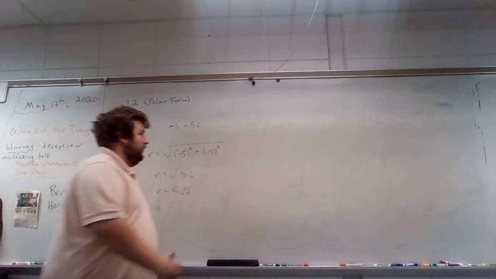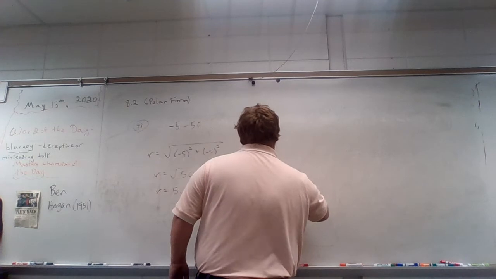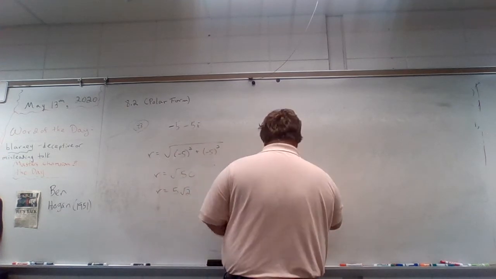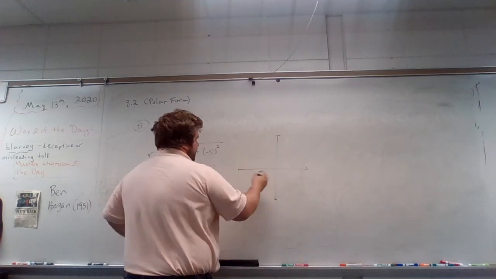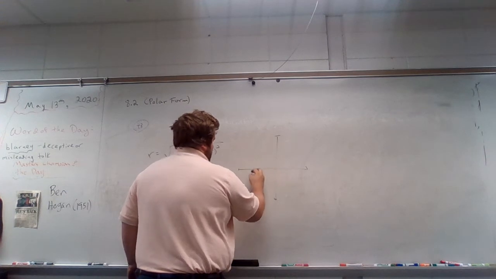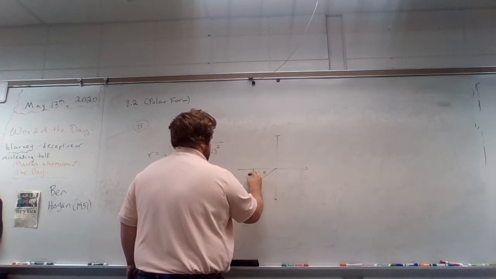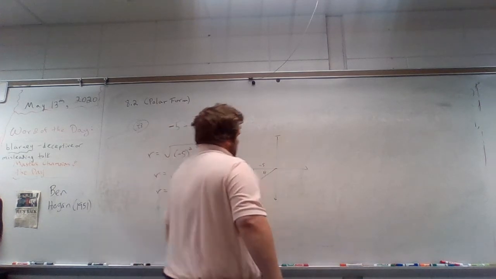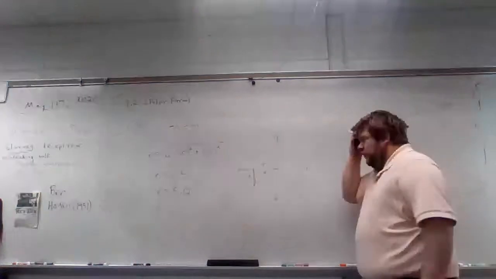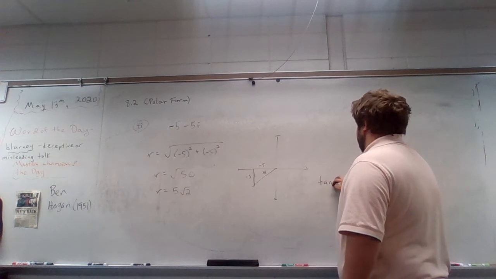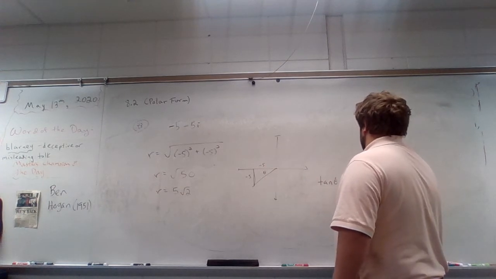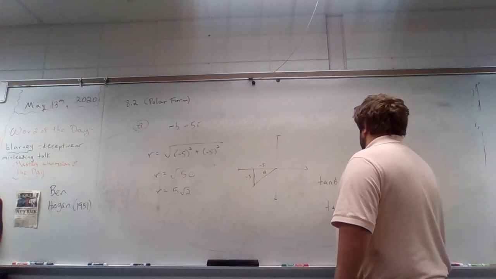To find our angle theta, so negative 5, negative 5, that would be down here. So tangent of theta is going to be negative 5 over negative 5. Tangent of theta is going to be 1.